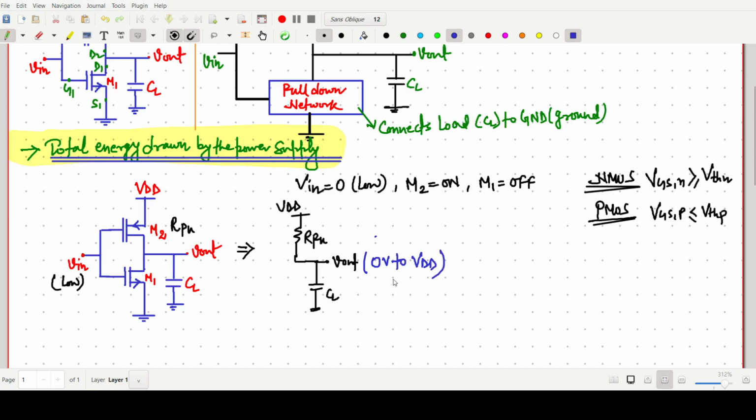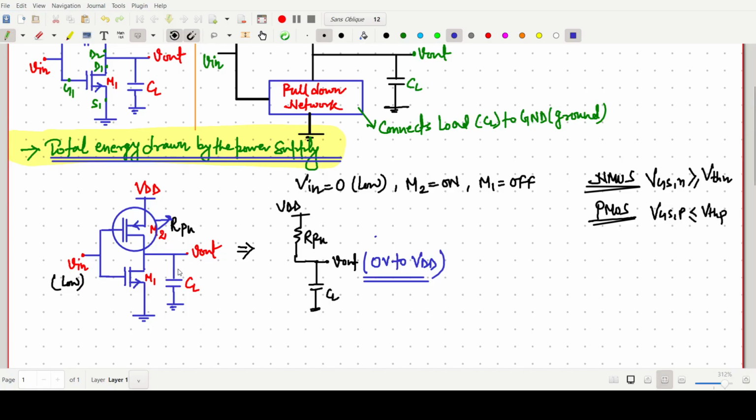So from 0 to VDD the capacitor will charge through some resistance RPU, we are just assuming.